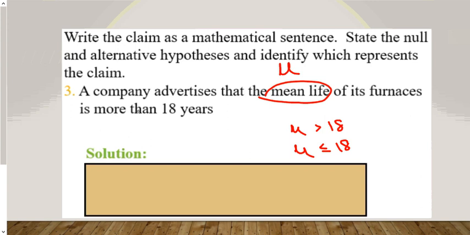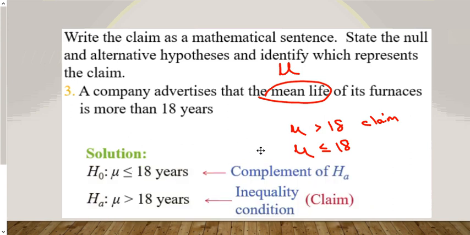We can see here that this one is the claim. And then we're going to use the one that is the less than or equal to to be the null. Okay, or I just said that backwards. No, I didn't say it backwards, I just hadn't finished it.